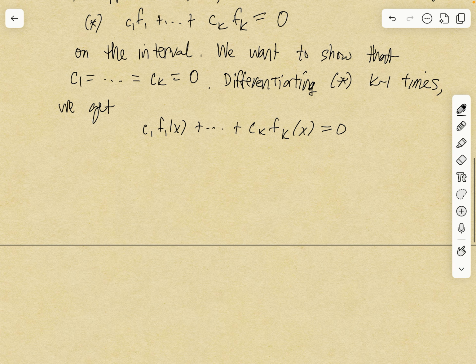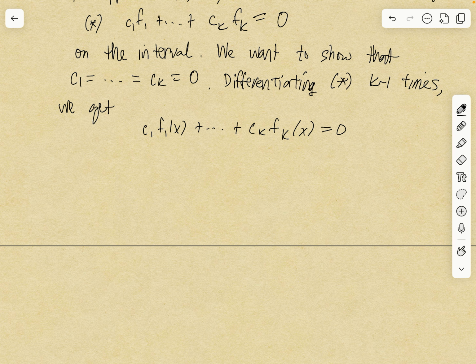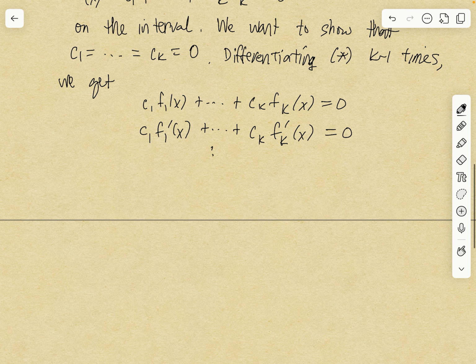That's the first equation, the star equation. When you take the derivative, you get c1 f1 prime of x plus dot dot dot plus ck fk prime of x equals 0. And then you just keep going until you get c1 f1 to the k minus 1th derivative plus dot dot dot plus ck fk to the k minus 1th derivative of x equals 0.